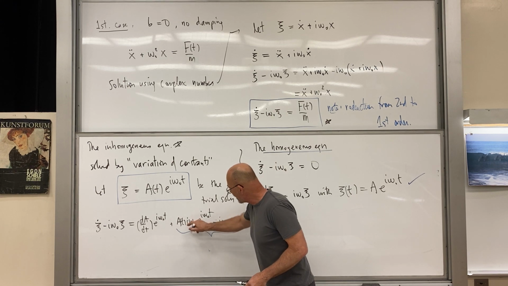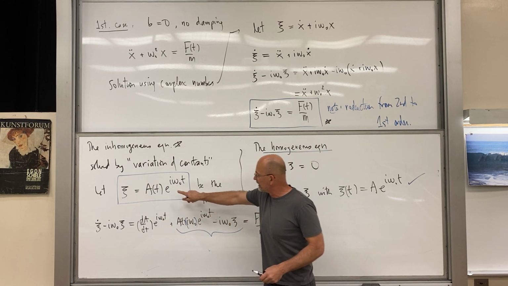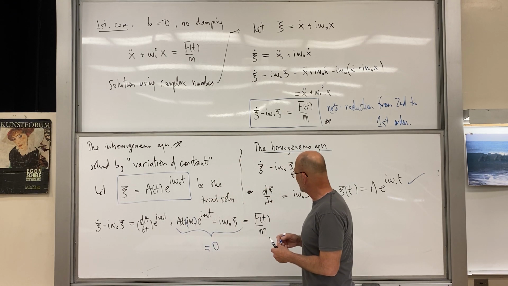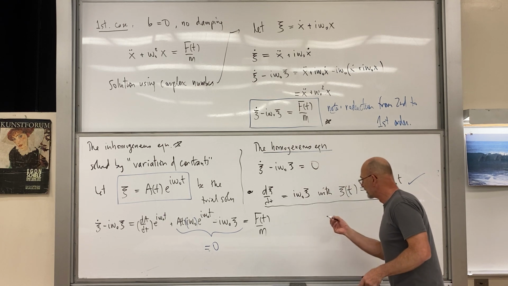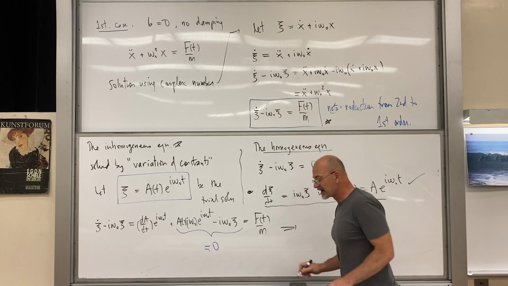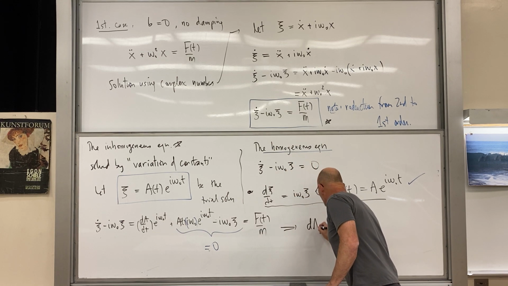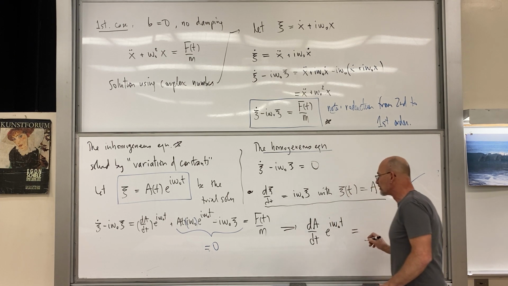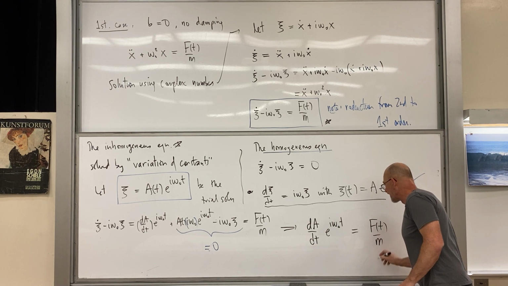Okay, i omega naught parentheses times a e to the i omega naught t. So these two are equal to 0, and I'm now left with, I'll work right here, I'm now left with dA/dt e to the i omega naught t is equal to f of t divided by m.